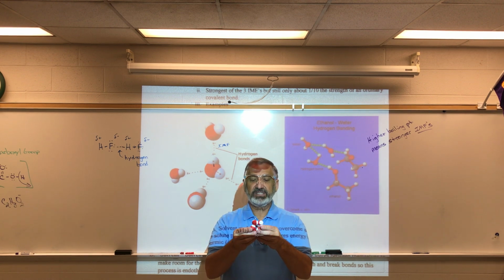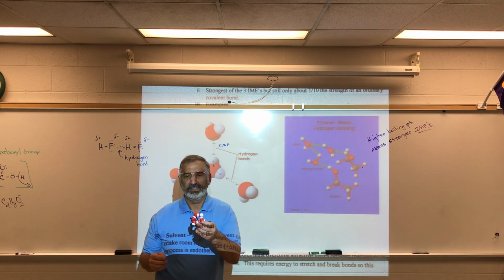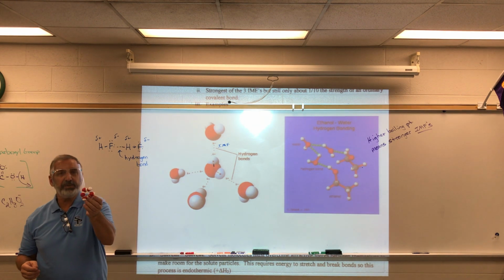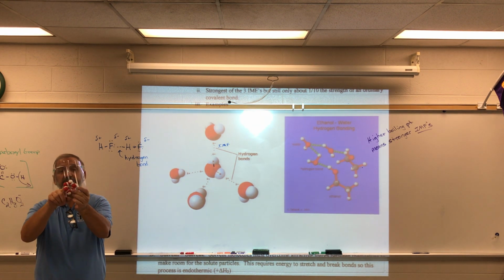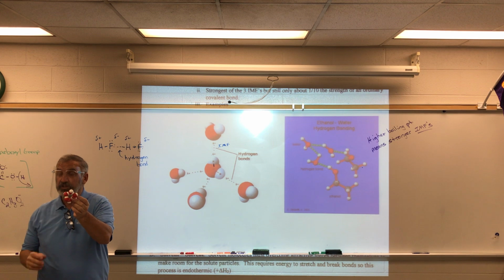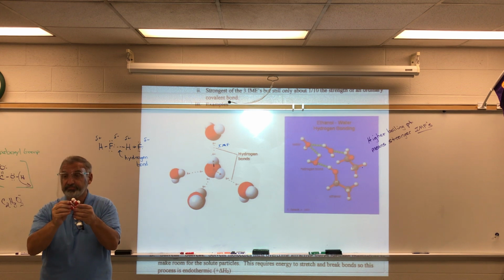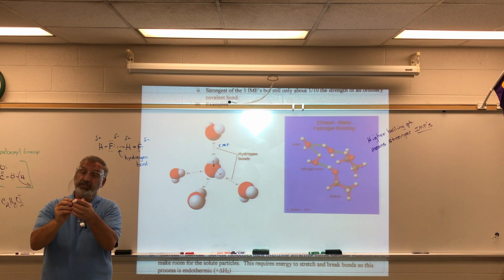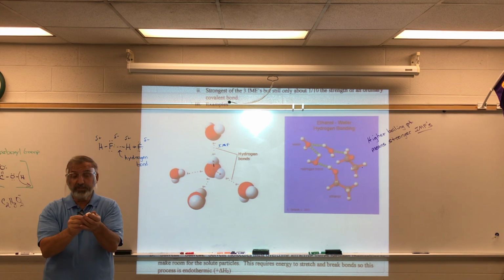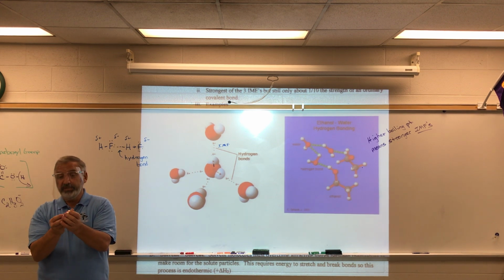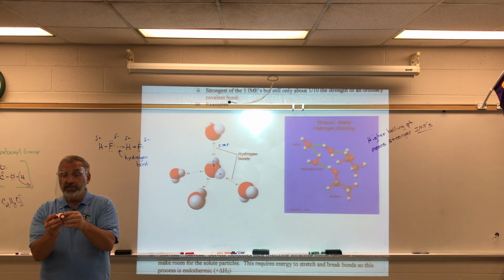So it forms these 6-membered rings that look like this. Now notice there's this big opening in the middle. So the molecules have pushed apart, they become less dense because of the formation of the hydrogen bonds between the water molecules. When they melt, those hydrogen bonds stretch and break and the molecules can move. They still roll around one another, but they can move.